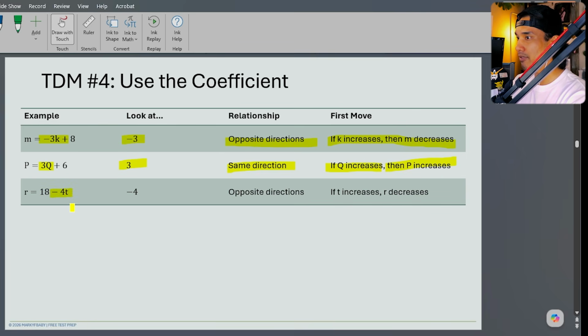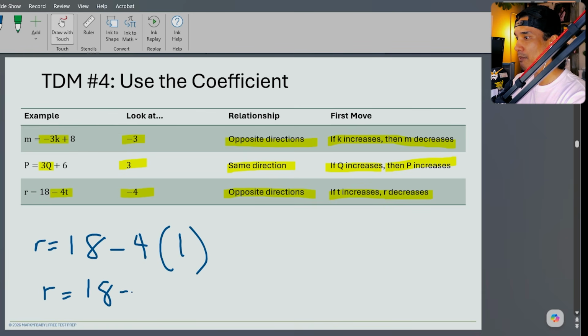So I have a negative coefficient. What's going to happen? The relationship between T and R is they will move in opposite directions. If T increases, R is going to decrease, right? Let's do this in real time. R is equal to 18 minus 4, let me say that T is equal to 1. I get R is equal to 18 minus 4, and then R is equal to 14.